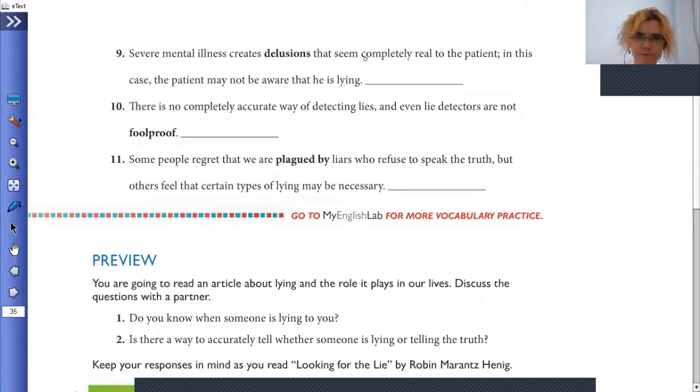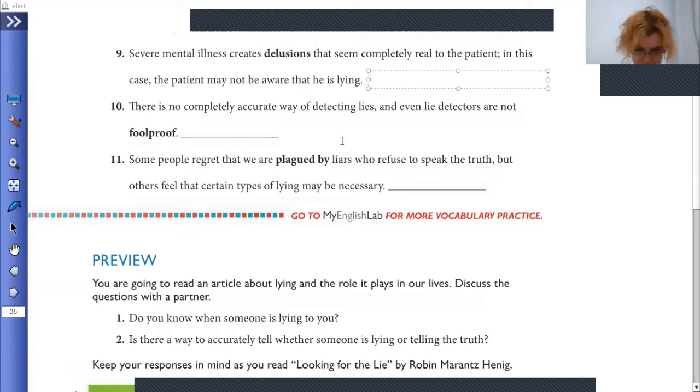Severe mental illness creates delusion that seems completely real to the patient. In this case, the patient may not be aware that he's lying. Distraction. Can be a distraction, can also be an illusion. Can also be a fantasy. Delusion is more an illusion or a fantasy.